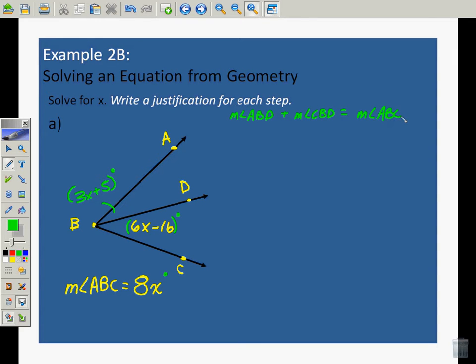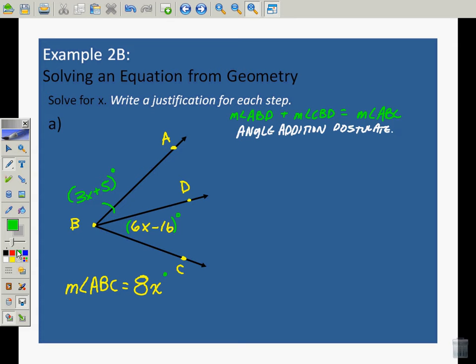Okay? The justification for that step is going to look like this. That's going to be angle addition postulate. Because I know that if I'm adding two angles together that are adjacent to one another, then the sum is equal to the larger angle.